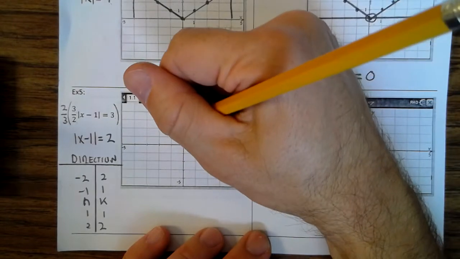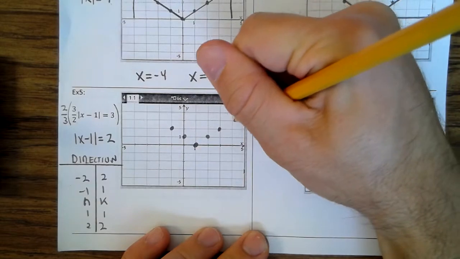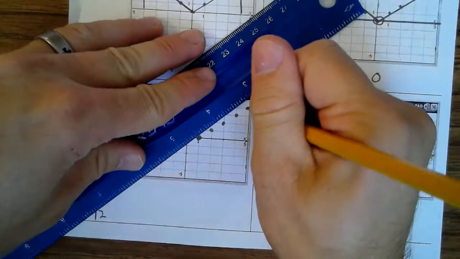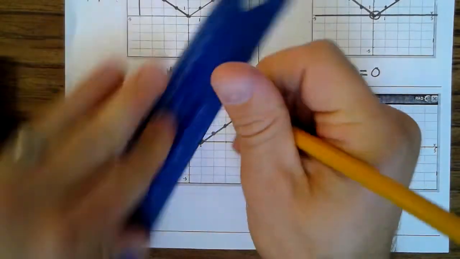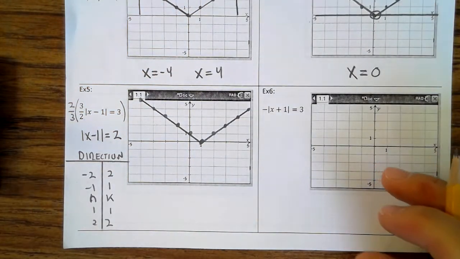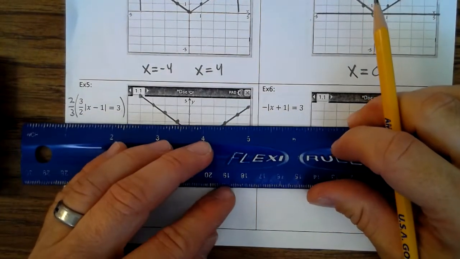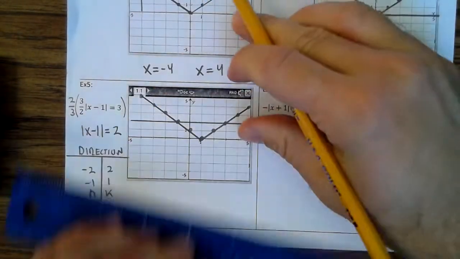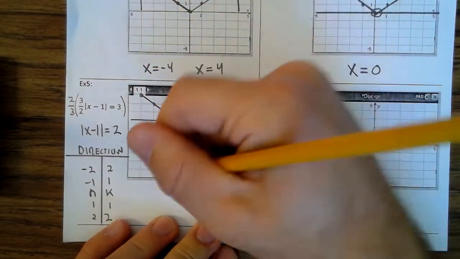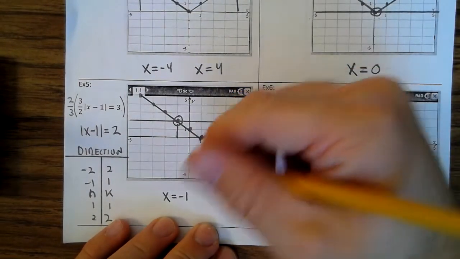So we go left 2, up 2, left 1, up 1, and so on. All right, and then now we graph the right side, which is a horizontal line at 2. So here are our intersections, here and here. So x equals -1 and x equals 3.